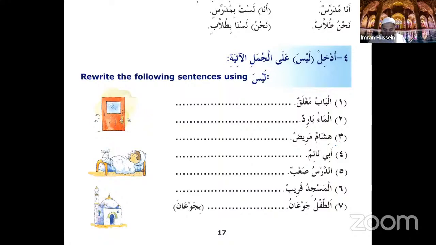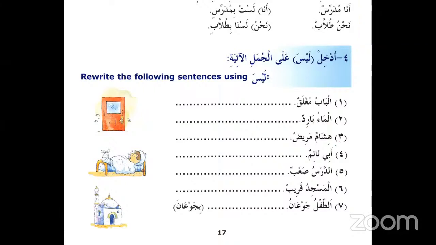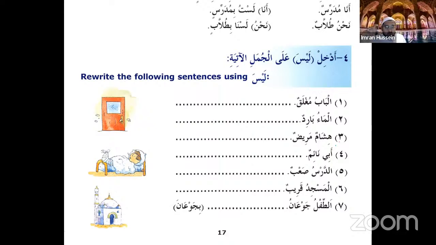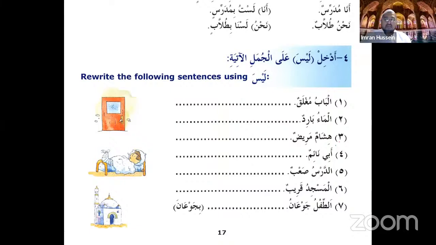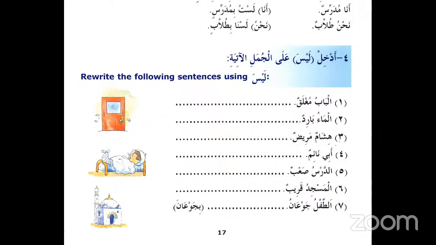Al-babu mughlaqun, laysa al-baba mughlaqan. No, laysa al-babu mughlaqan. And al-ma'u baridun, laysa al-ma'a baridun. No, doctor, other way around. You do the action of inna. It should be laysa al-babu.